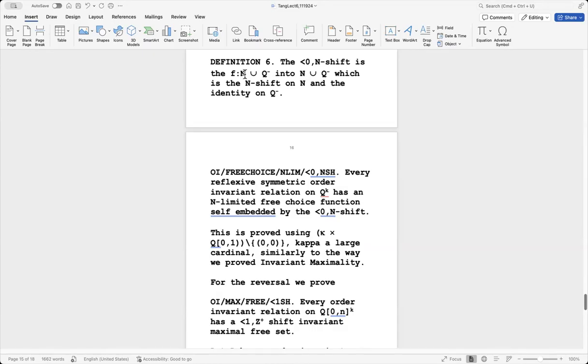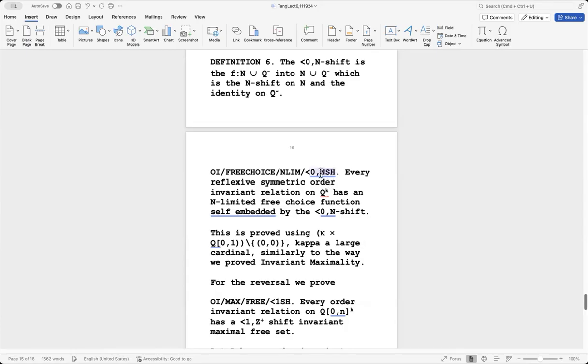All right, so now we have our main statement in invariant free choice. OI, meaning order invariant, free choice, n-limited, less than 0 n-shift.